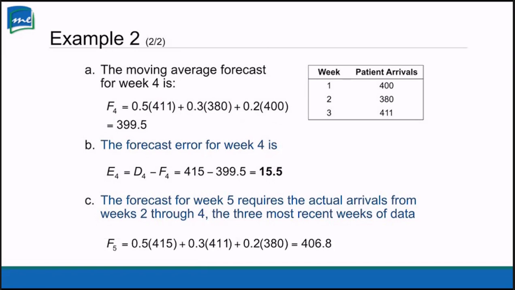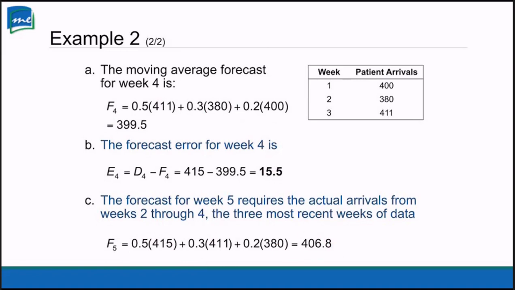We just use 0.5 times 415, which is the actual patient arrivals in week 4, and this is the weight for the most recent period. And 0.3 times 411 and 0.2 times 380, and we obtain the forecast for week 5.